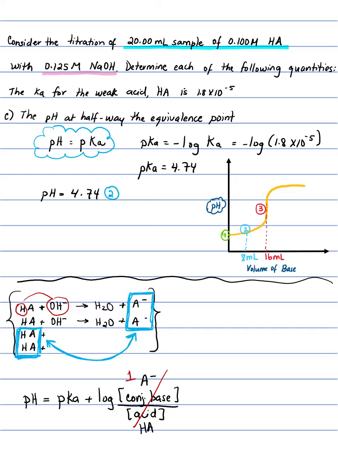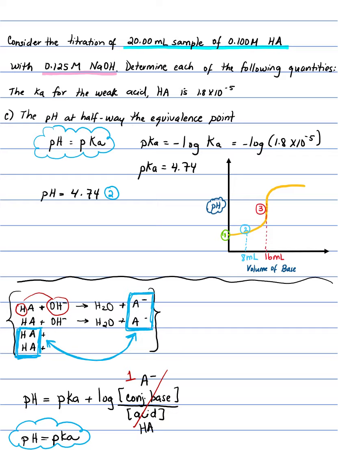The log of 1 is equal to 0. And that's how we get that at halfway to the equivalence point, the pH equals the pKa. And that's always true. So the calculation for your pH at halfway to the equivalence point is very simple. If you have the value of the Ka, you calculate your pKa, minus log of your Ka.